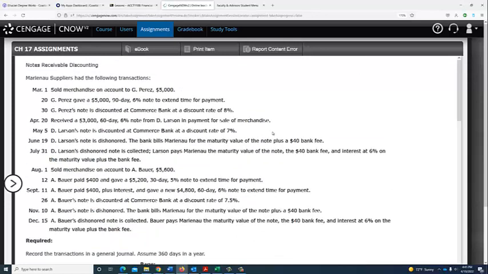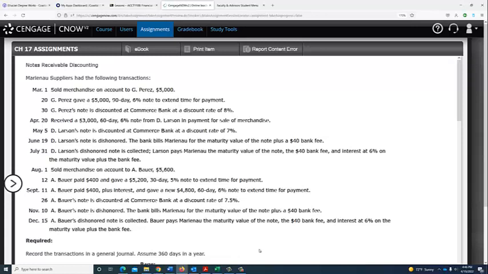Next and last, we have a dishonored, or Bauer's dishonored note is collected. Bauer pays Marino the maturity value of the note, the $40 bank fee, and interest at 6% on the maturity value plus the bank fee. So the maturity value plus the bank fee was $48.88.